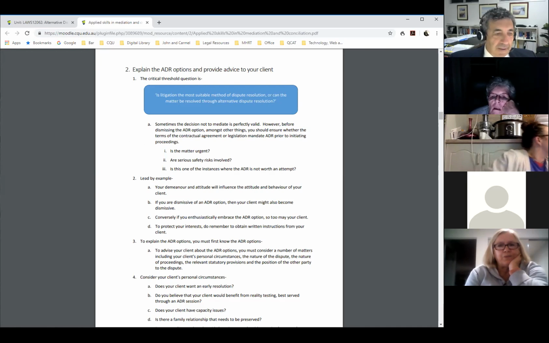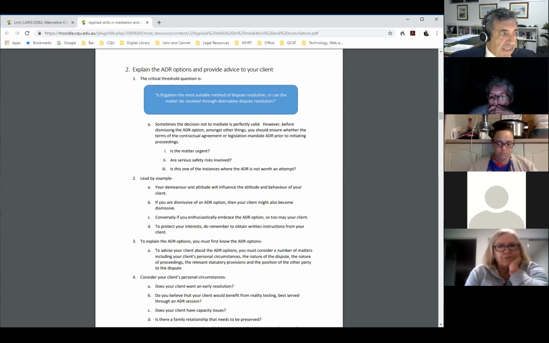But given that mediation has a success rate of, I don't know, 85% or thereabouts, there clearly are many instances of litigation where the parties had no real prospect, so they thought, of settling, but end up settling.